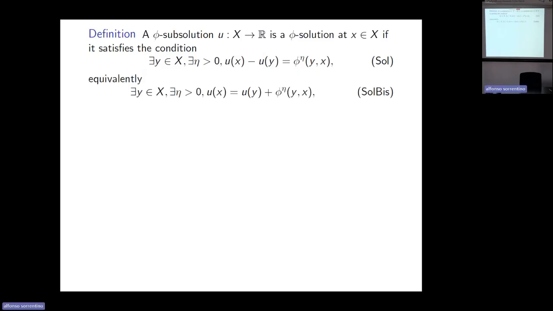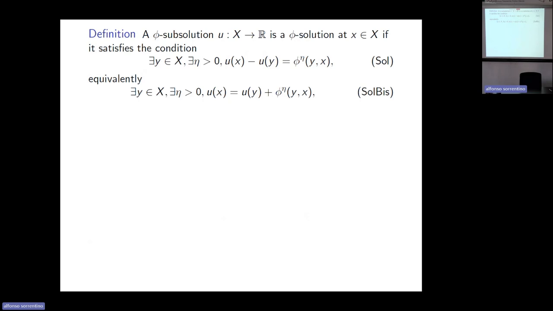So this is, of course, equivalent to the equality u of x is u of y plus phi eta. But since it's already a subsolution, there is equality. If it's a solution for phi, it's also a subsolution for phi. And the supersolution, in that sense, it's a solution. But the supersolution set is too big too.